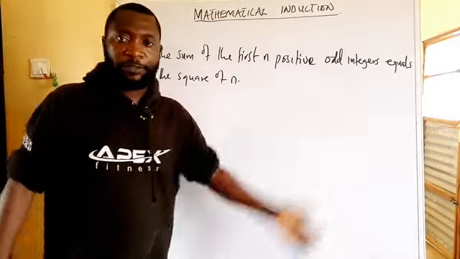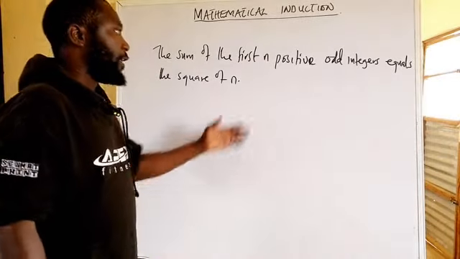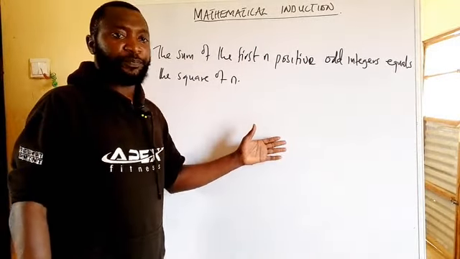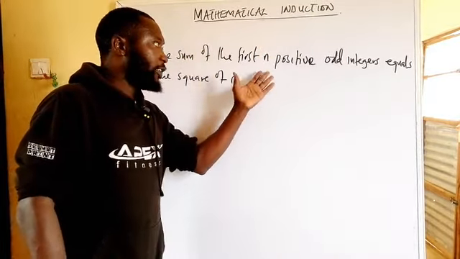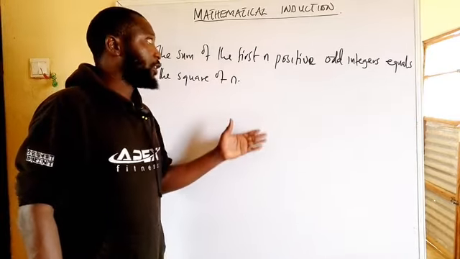Here is a mathematical statement and here is a proposition. So here is a statement or proposition.